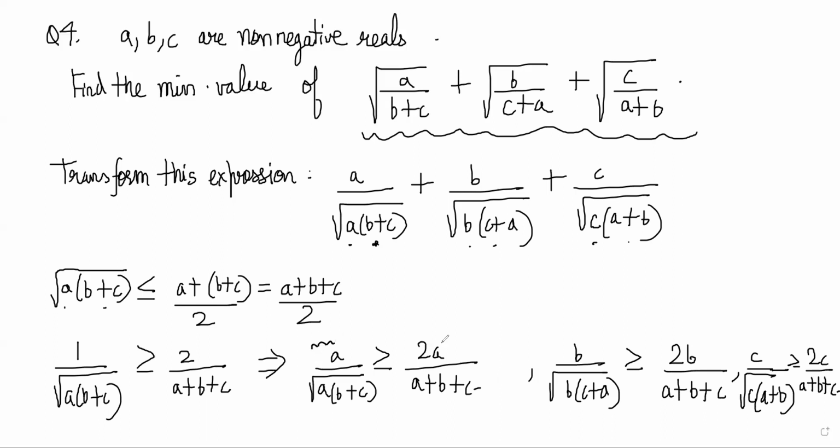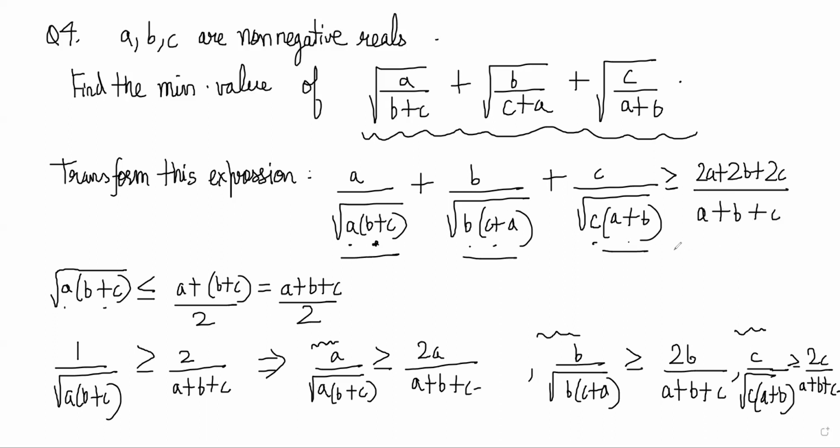So because we have gotten these three inequalities by applying AM-GM on the denominator, we can say this is greater than or equal to 2A plus 2B plus 2C by A plus B plus C, the sum of the three individual inequalities, which is basically equal to 2, right?